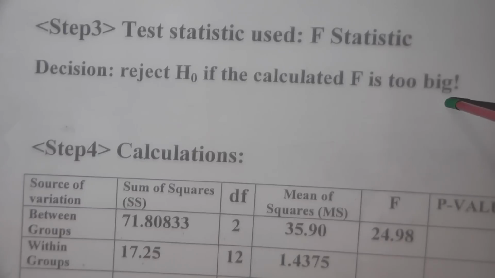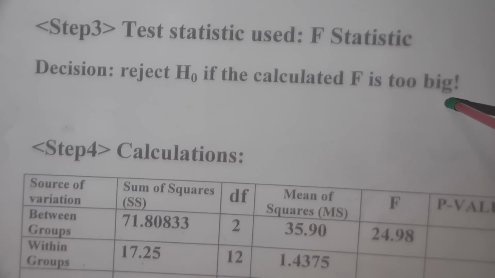Under the assumption that H0 is true, we expect to see X1 bar very close to X2 bar and very close to X3 bar. So X1 bar minus X bar should be very close to 0. Similar for the other 2 sample means minus the population mean, which should also be very close to 0.